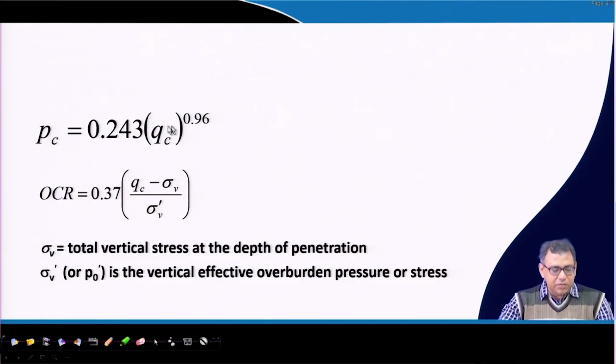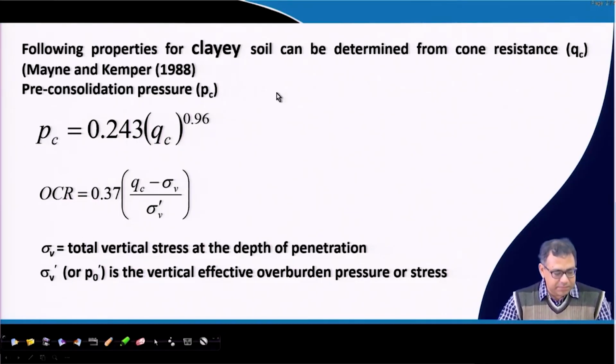Then we can use these CPT results for clay soil to determine the pre-consolidation pressure. So, what is pre-consolidation pressure? That means the soil may be normally consolidated or over consolidated.